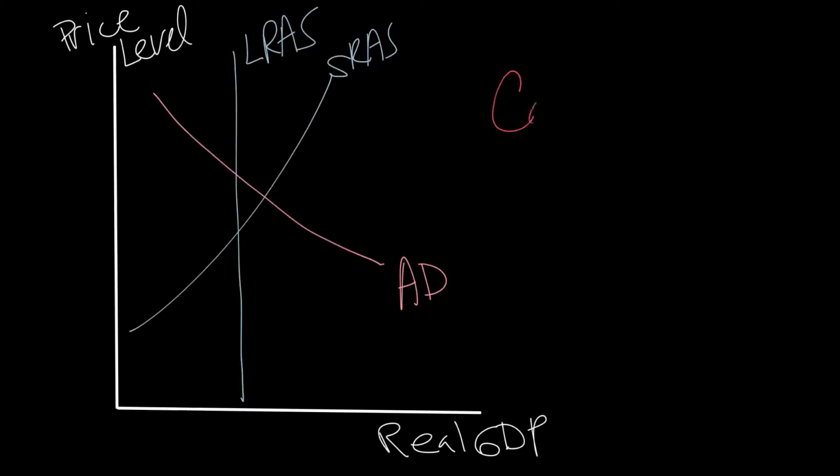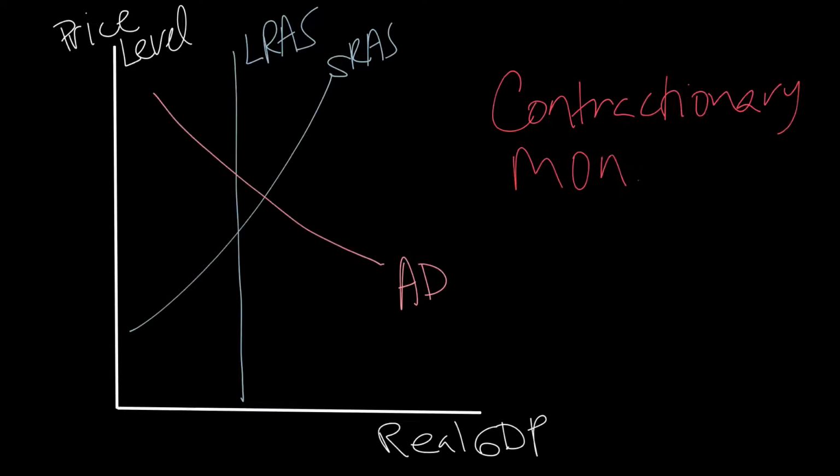So now we just want to take a quick look at the contractionary monetary policy in the static model. So why would I want to do contractionary monetary policy? Because I'm in a situation here at point A where my aggregate demand is beyond my long run supply curve. I'm having to deal with higher inflation.